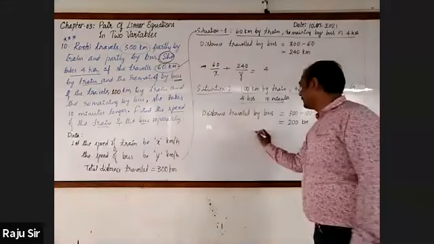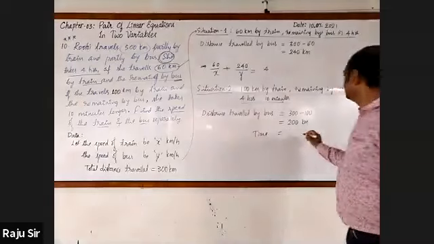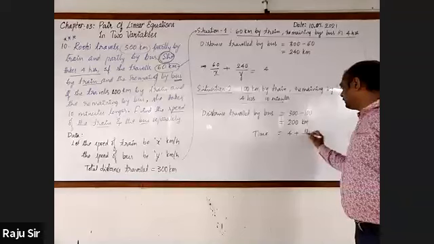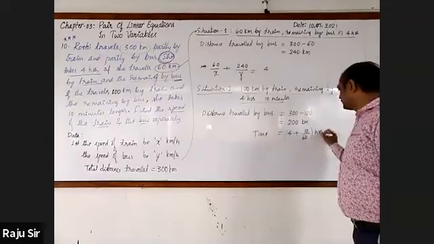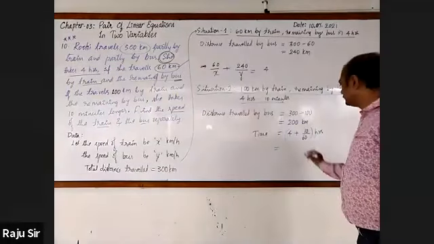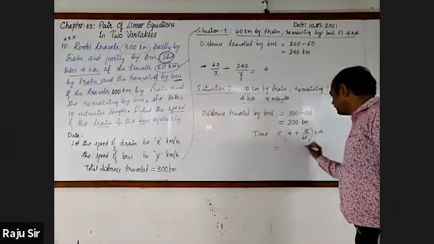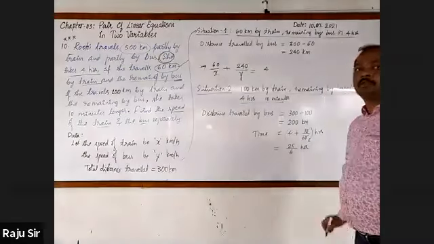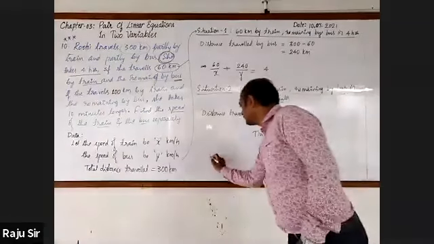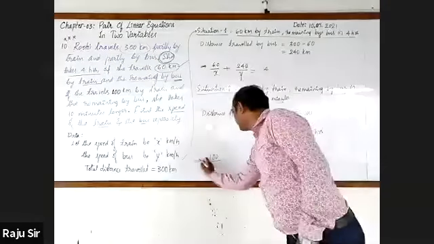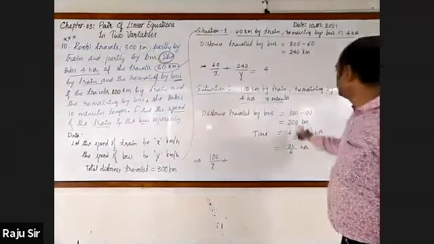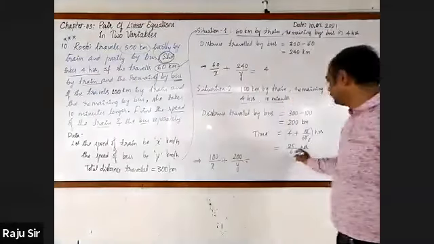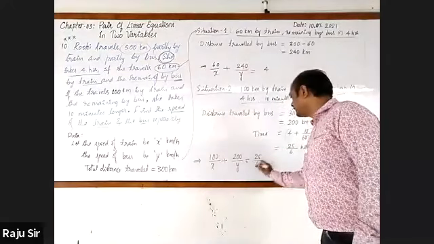And the time is 4 hours 10 minutes. So 4 plus 10 by 60 hours, which is equal to 25 by 6 hours. Now let us form the equation. This is 100 by x plus 200 by y, which is equal to 25 by 6.